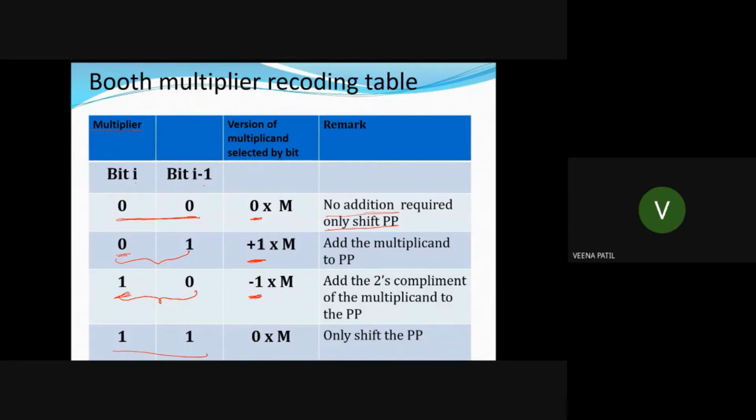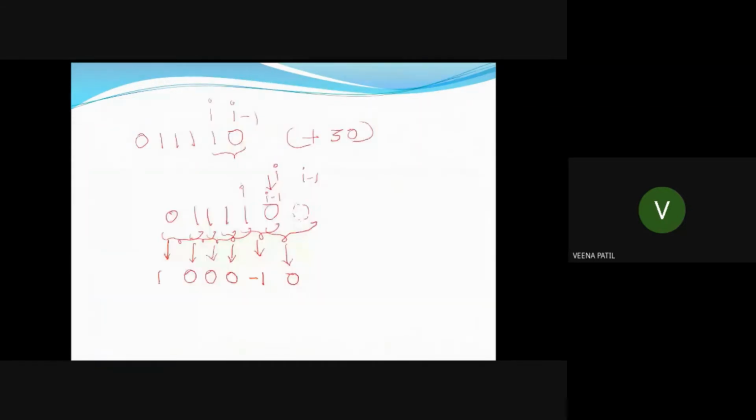So I will record it as plus 1. So my new recoded value is plus 1, 0, 0, 0, minus 1, 0. Okay, this is how to recode the multiplier. You only learn how to recode the multiplier. I will tell in the next stage what you have to do with this.